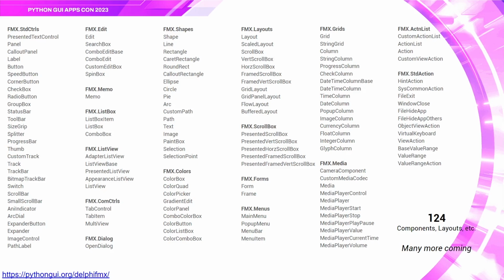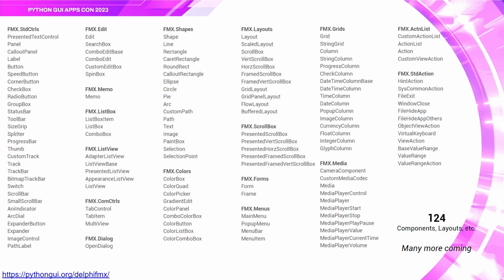There's an arc dial. There's an image control. There's multiple image controls actually. There's different edit boxes. There's a memo box, and there's list boxes and list view. Tab controls, multi-view. There's an open dialog which pops up an open form to select files.